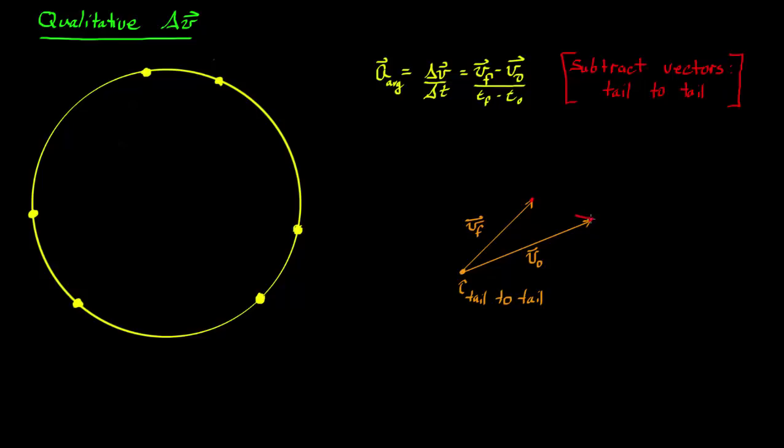So this vector here, that would be my change in velocity. So you go from initial to final. And when we say tail to tail, what we're saying is that it's the bottom of the arrows. They go together. And then we just go, and that's your change.